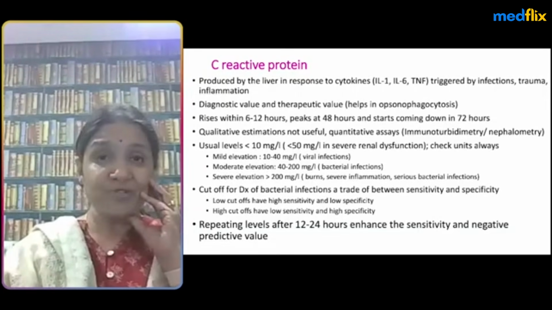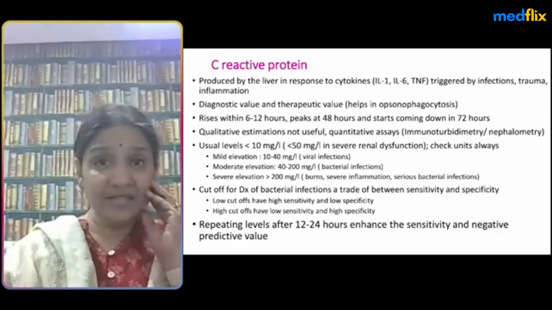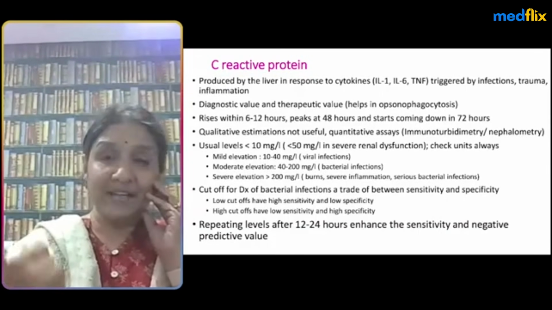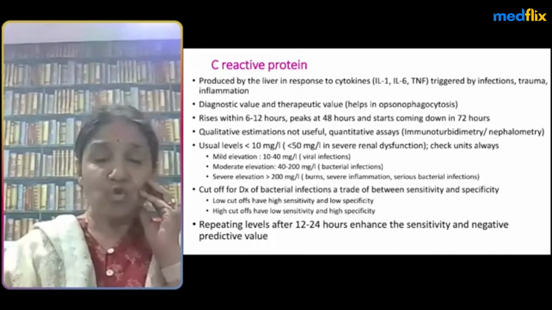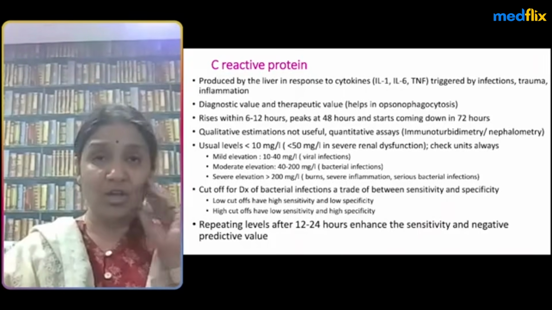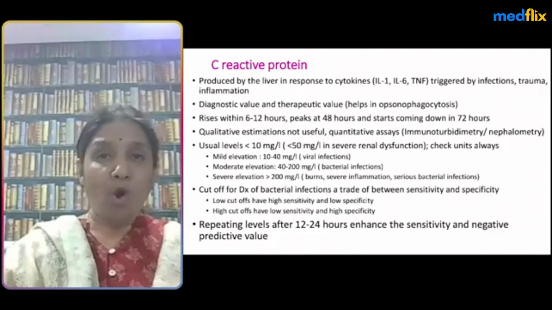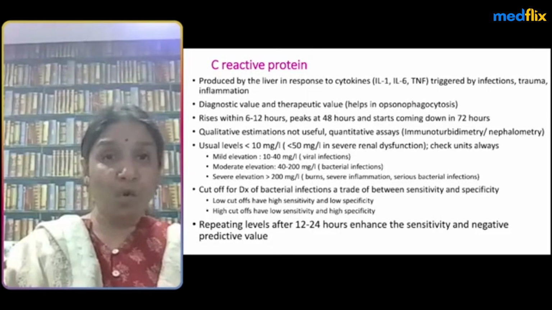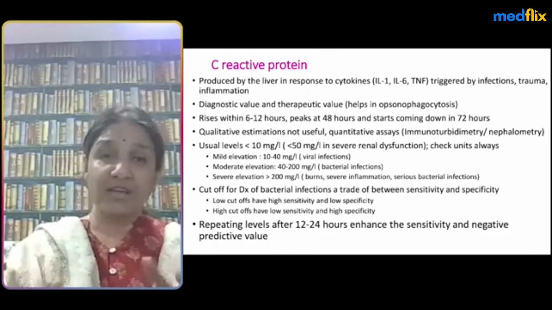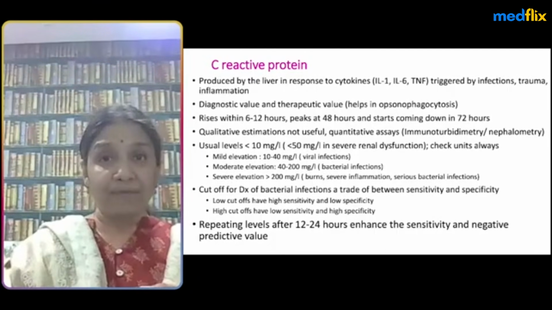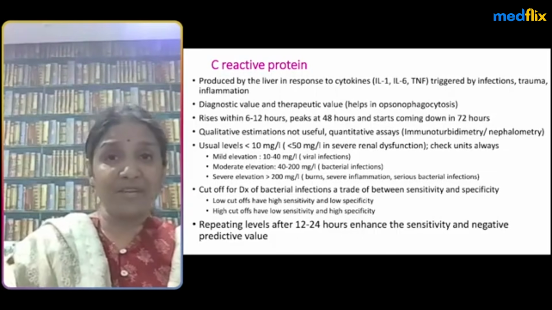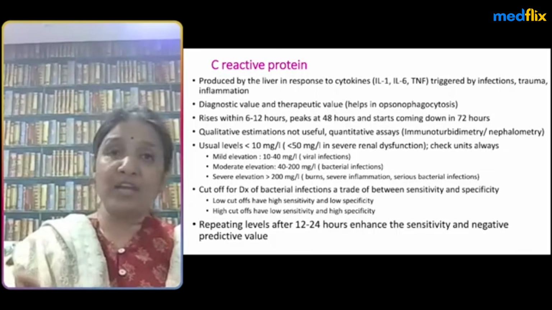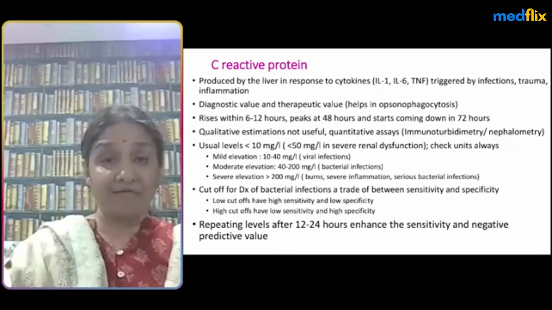But one thing you must remember is that the higher the CRP, the more likely that the infection is bacterial. So, for example, if you have a patient who comes to you with fever of 4-5 days duration and he has a normal white cell count and his CRP is more than 100, then you think that this could be a case of enteric. On the other hand, if the CRP is low or normal, then you think it is more likely to be a viral infection.